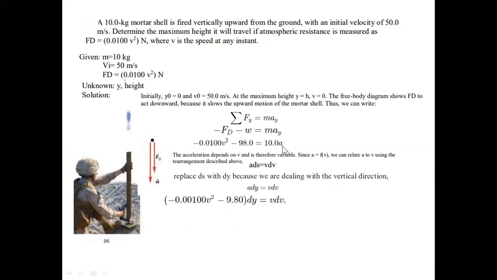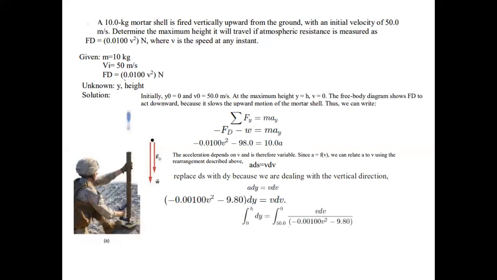Before we get a, we need to divide both sides of the equation by 10 to eliminate the 10 and bring out a. Now this becomes negative 0.001 v squared minus 9.8, multiplied by dy, is equal to velocity multiplied by the derivative of velocity, dv.